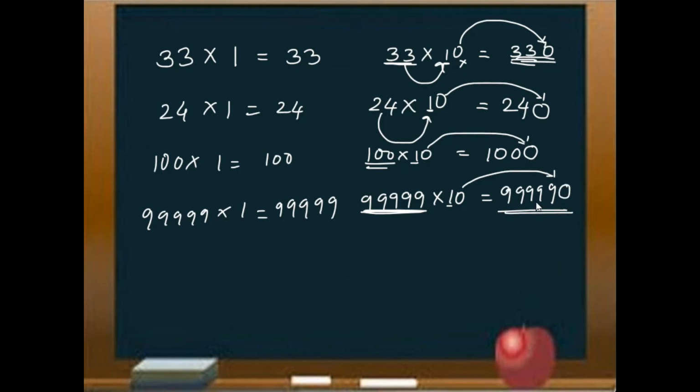So it will give you 999,990, or we can also say in the Indian number system as 9,99,990. Great.